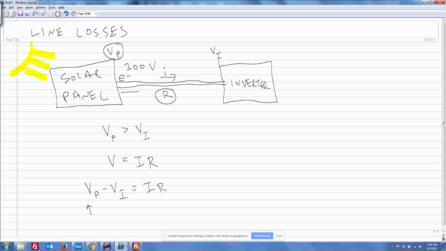After they come out of the inverter, they're coming out at AC. So this is DC over here, direct current, and over here is alternating current.